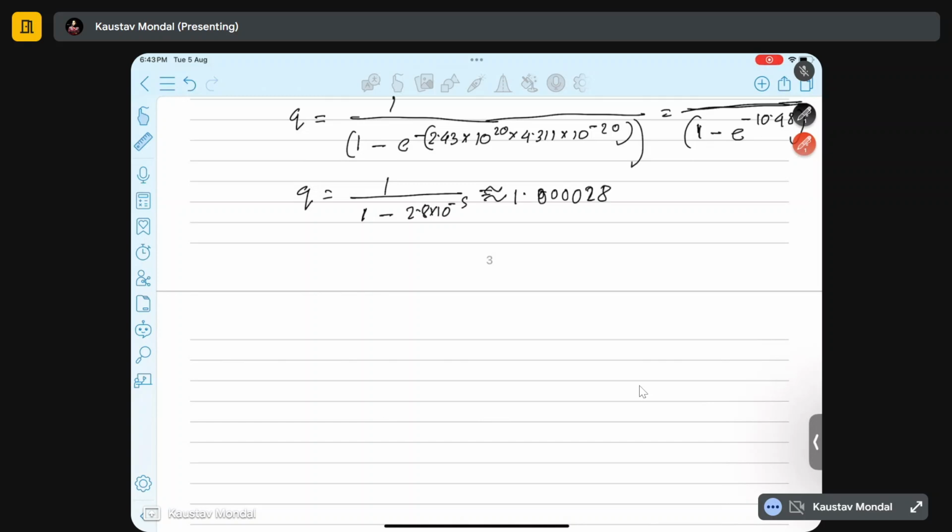Okay, very close to 1. So this is basically the partition function around that temperature.